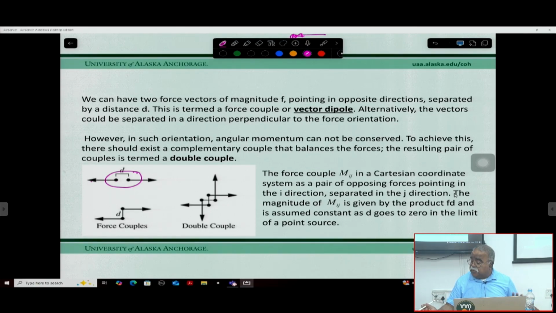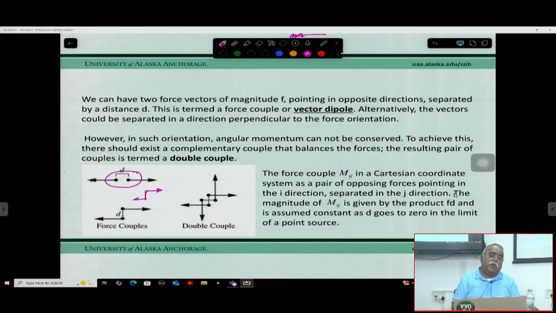momentum conservation. So what we use, this will be fine, but instead of this separation, we can use two forces, and the separation is perpendicular to the line of action of the force.